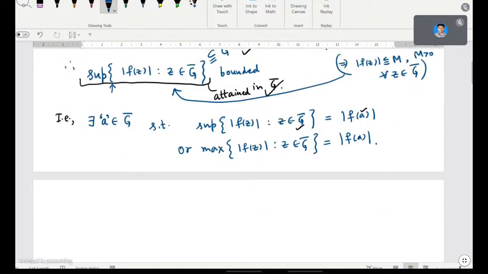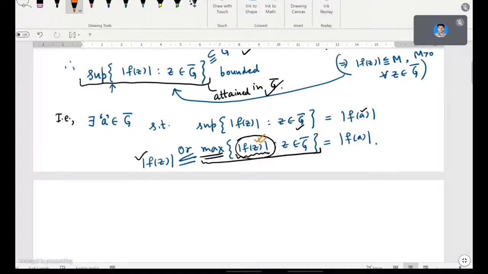Now you see that by the definition of maximum, please take a note that the maximum of all such numbers will be bigger than every such number. So you are taking the maximum of these numbers. This maximum will be greater than or equal to each one of these numbers.